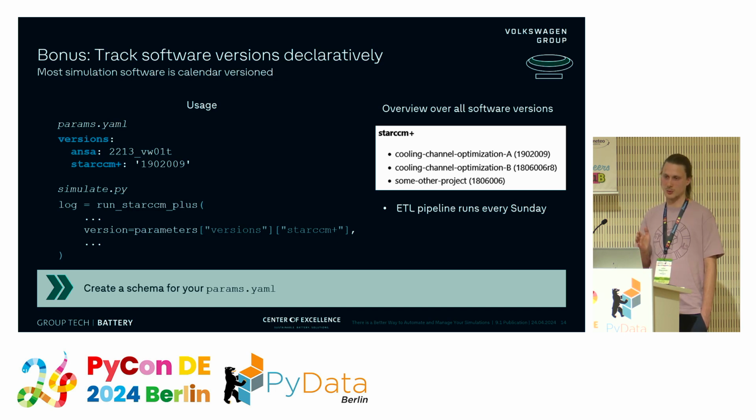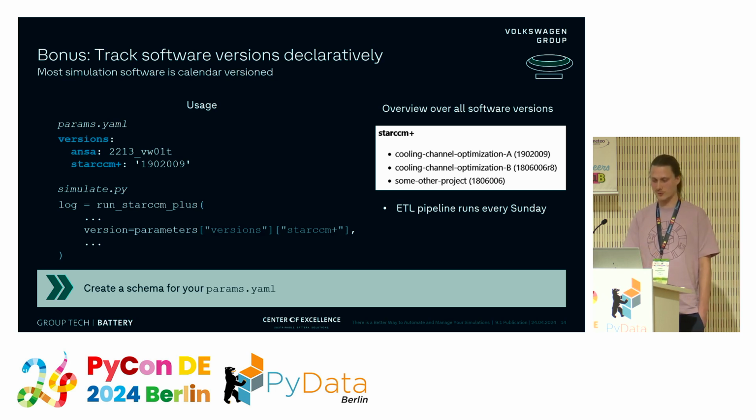And also, if you want to update to a new version, we can just change it in one place, do the DVC comparison I've shown you, and then you can actually see if it made a difference or if there's some issue to fix. And even if you're not in simulation engineering, it's a good idea to create a schema for your params.yaml file, because then you can compare across projects, and that's really handy, I think.